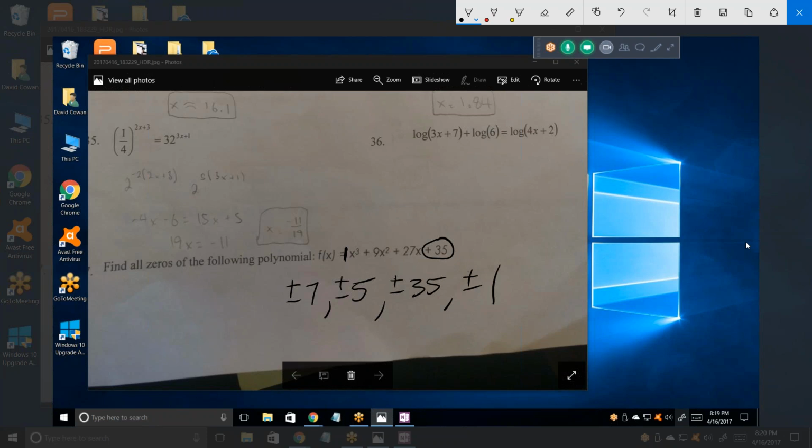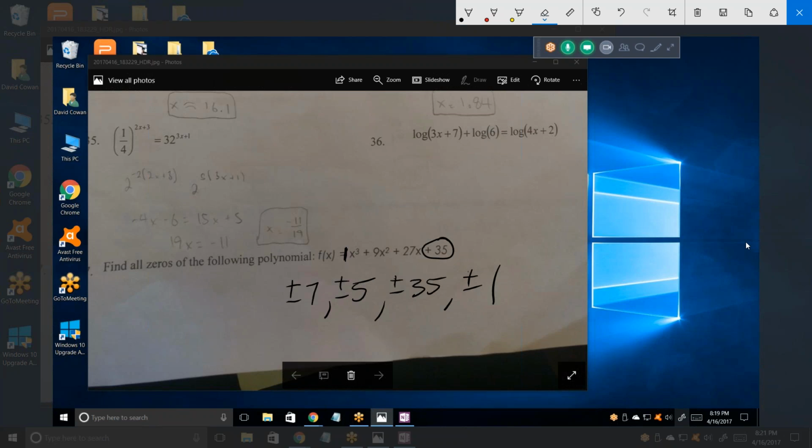That's it. And when we used the computer, we found that x minus 5 was one of the factors, so the rational zero was minus 5. Now, how would I get that? If you had synthetic division?